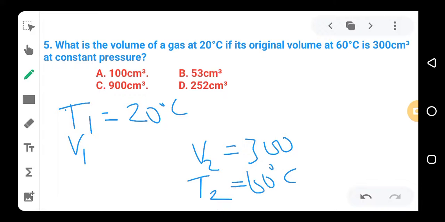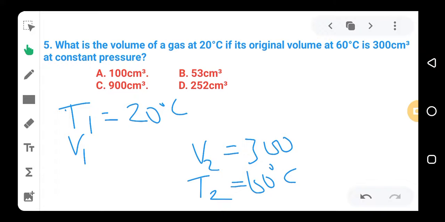When the temperature and volume of a gas are varying at constant pressure, that is a case of Charles' law. The pressure is constant here, so we are going to use Charles' law to solve this.